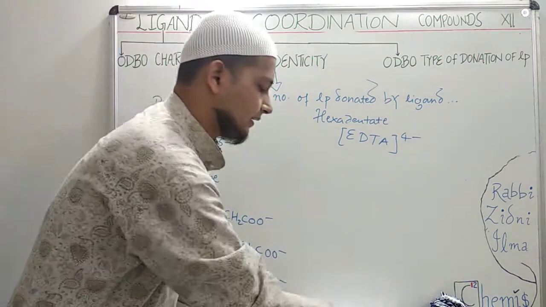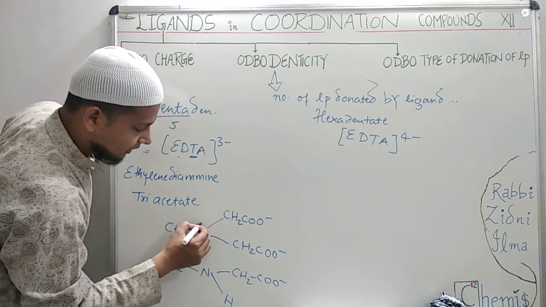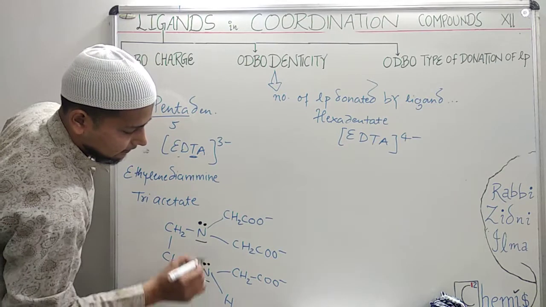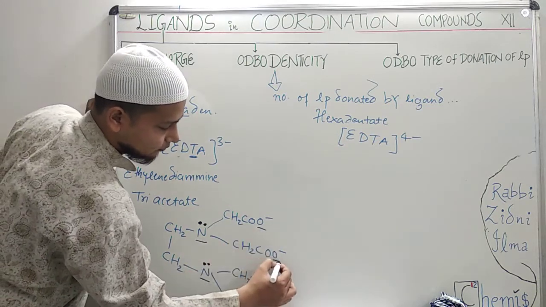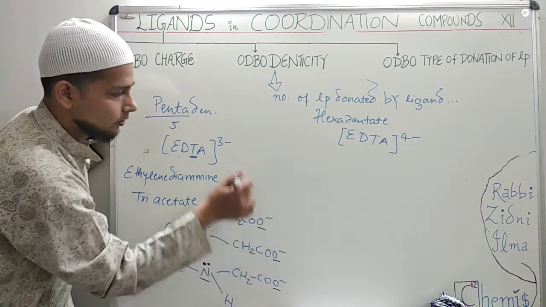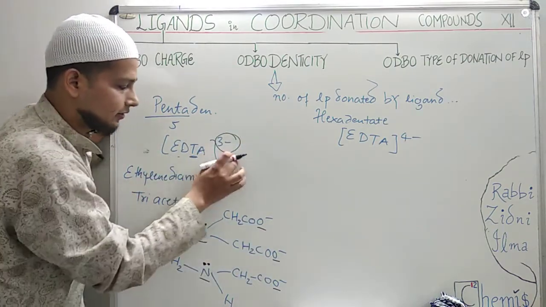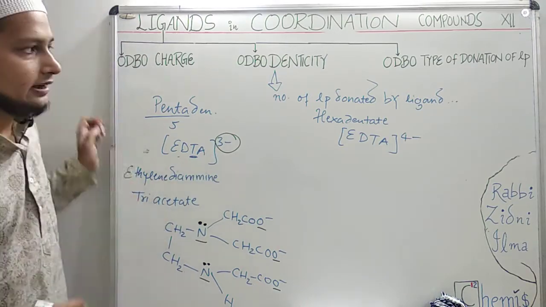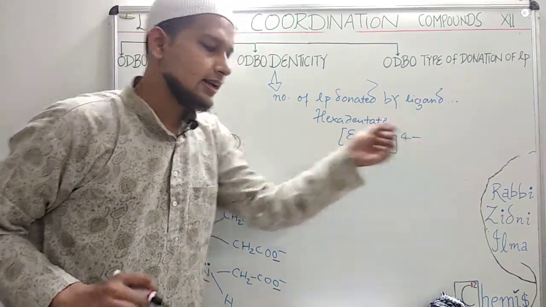This is our pentadentate ligand. Look closely. The first donor atom is this, the second donor atom is this, the third donor atom is this one, this one is 4, this one is 5, and -1, -1, -1 will give us overall -3. EDTA 3-, ethylenediamine triacetate. Now the next case is EDTA 4-, that is what?